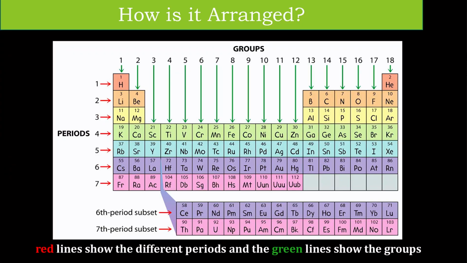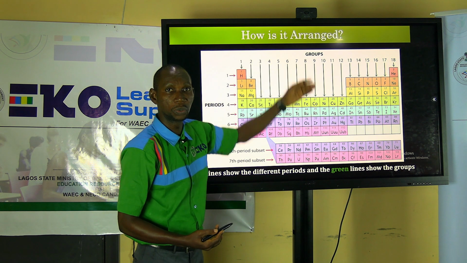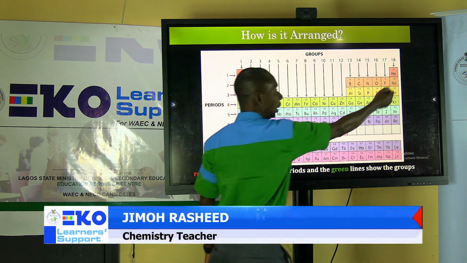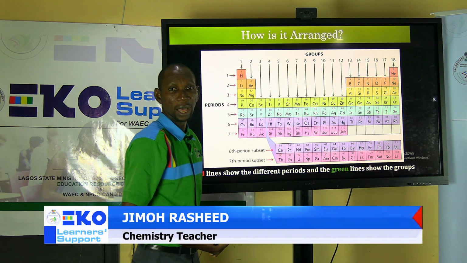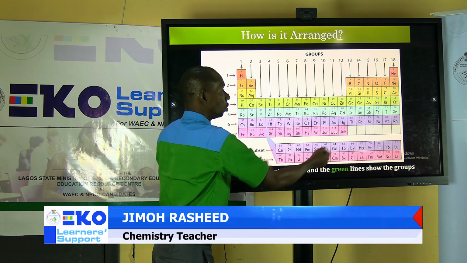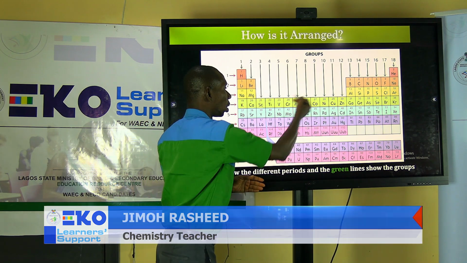Now, how are the elements arranged? As you can see here, the green line represents groups. So you have from group 1 down to group 18. Another way to classify the groups is actually to ignore the block in the middle.